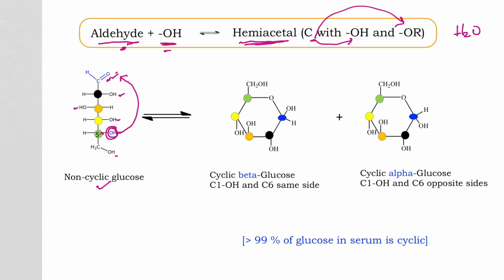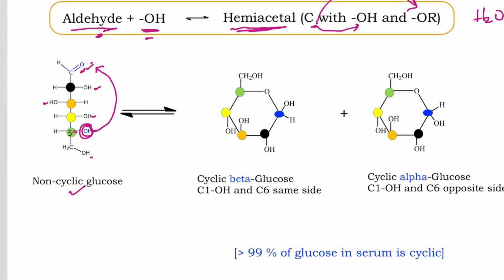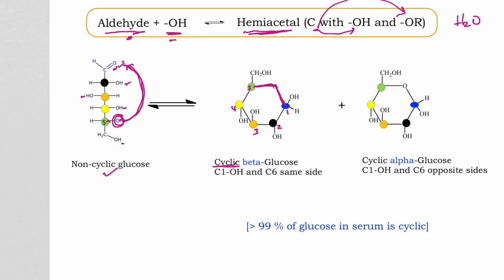Then what you see is these two joining together, 5 joining 1. So this is carbon 1, 2, 3, carbon 4, carbon 5. So 5 joining 1 through an oxygen, and that forms a cyclic structure. So the non-cyclic form has been converted to a cyclic form.